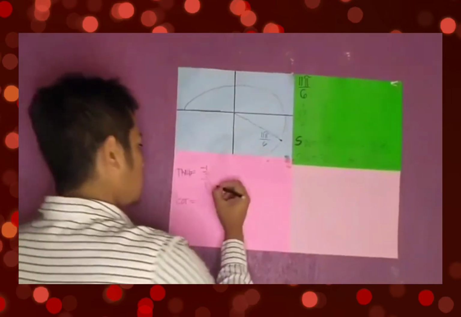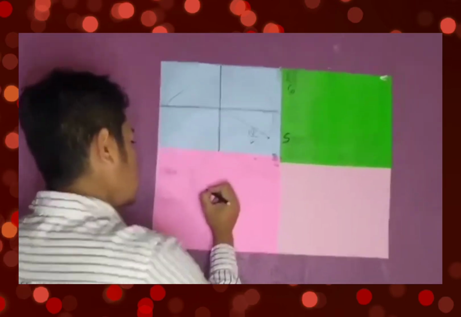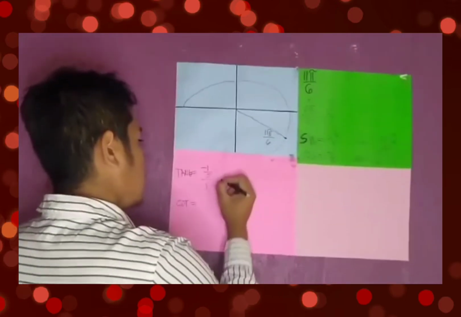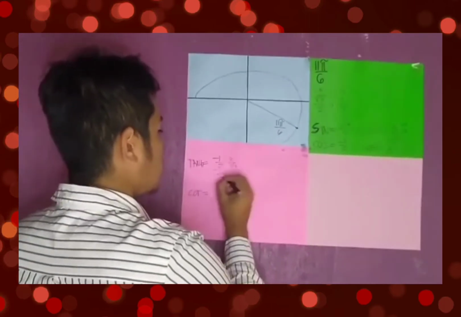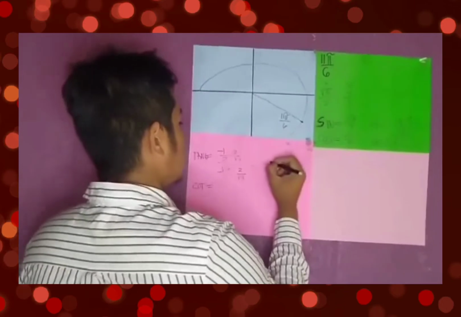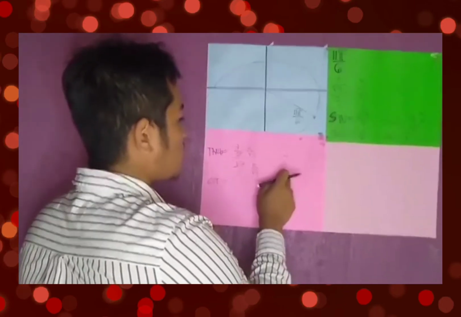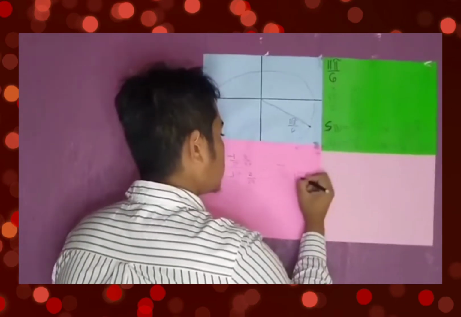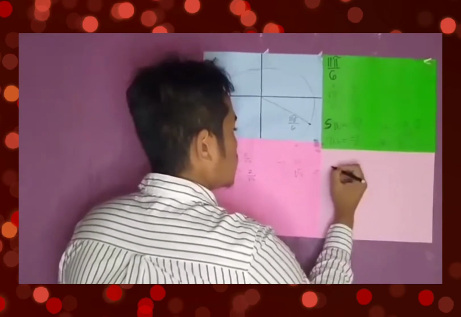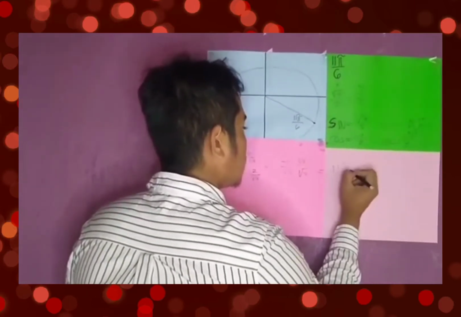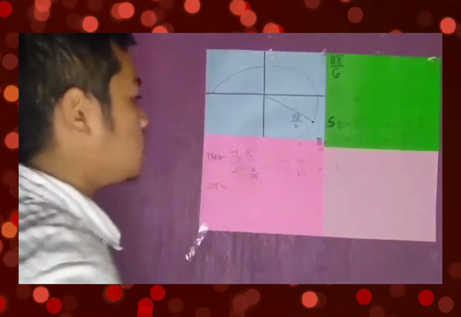Then going to the rules, we multiply by the reciprocal, the 2s cancel, and it is equal to negative 1 over square root of 3. Going to rationalize, so square root of 3 over square root of 3 gives negative 1 square root of 3 over 3. So the tangent is negative square root of 3 over 3.